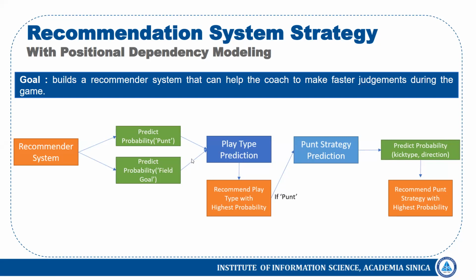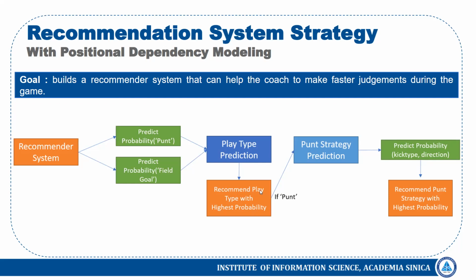So first, we will predict the probability for each play type given the parameters of the current circumstances by calling the play type prediction model. Then the play type prediction model will recommend the play type with the highest probability.